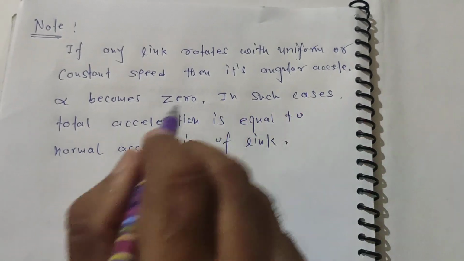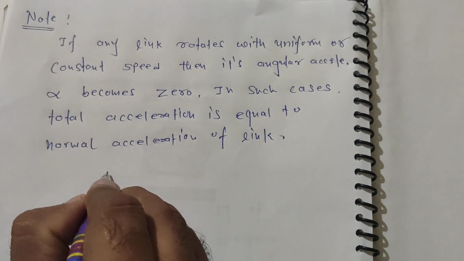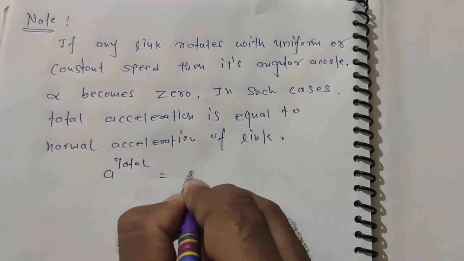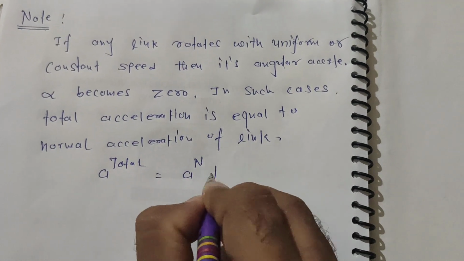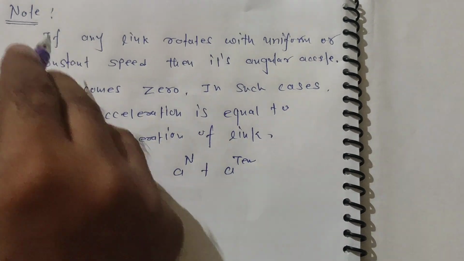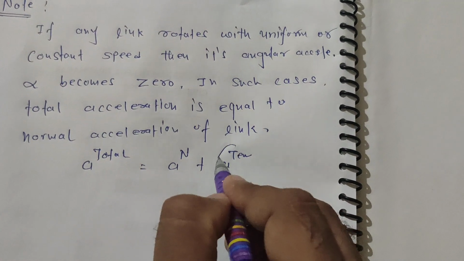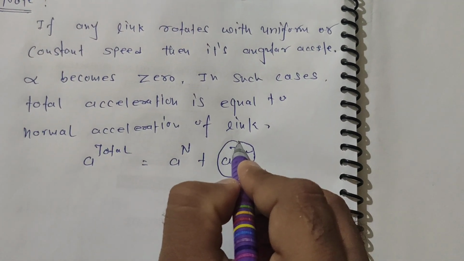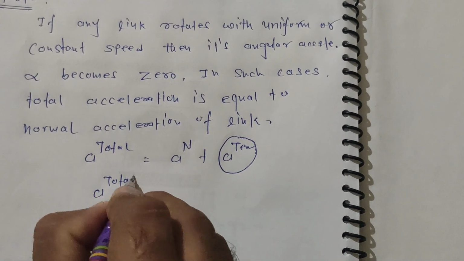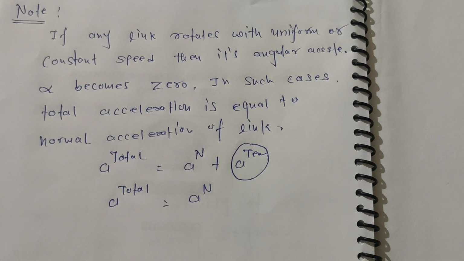So in such cases, total acceleration is equal to normal acceleration of this link. As we know, total acceleration is equal to normal acceleration plus tangential acceleration. Here when the link rotates with uniform or constant speed, the tangential component may be considered as 0. So total acceleration is equal to normal acceleration. That point you have to remember. Note this down.